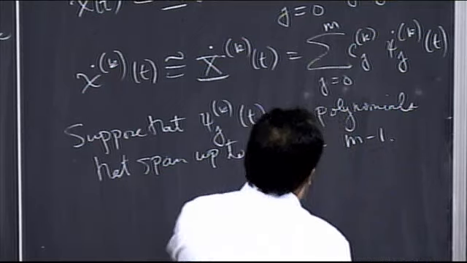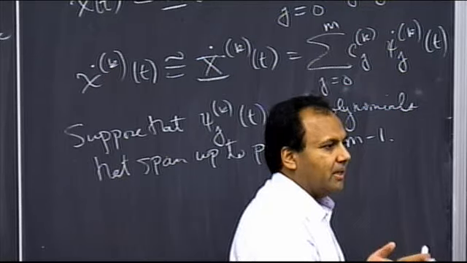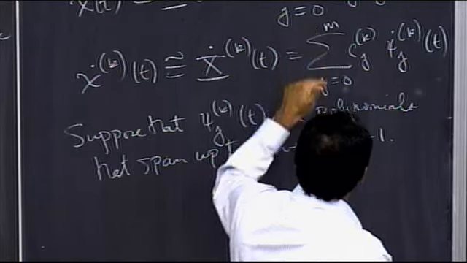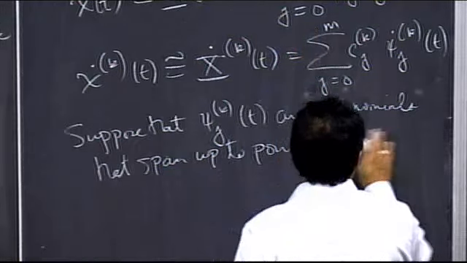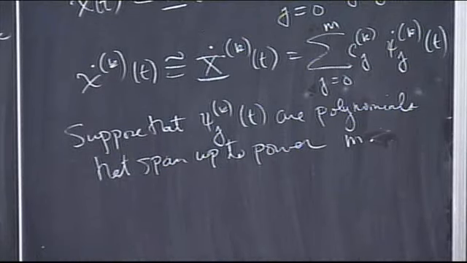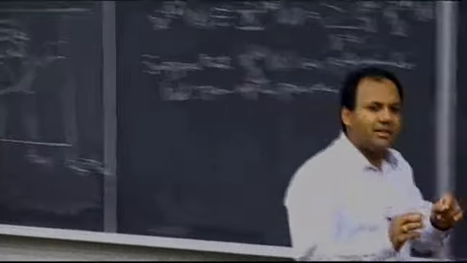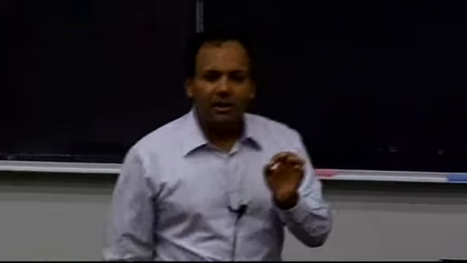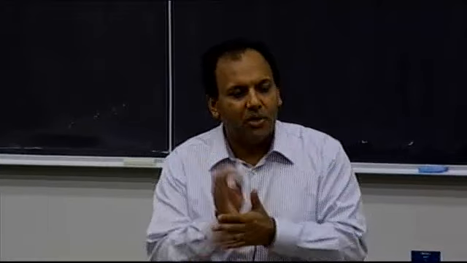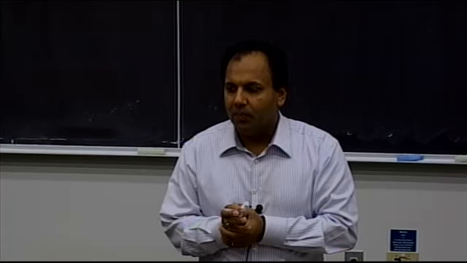Because if I start with 0, 0 is constant, 1 is first degree, 2 is second degree. So if I put a 1 in here, I've got a linear function, a polynomial of degree 1, so this is actually a polynomial of degree m. Now you ask yourself, let's go back to real basic stuff here: how many coefficients do I need to know in order to be able to determine a polynomial of degree m? What's that?